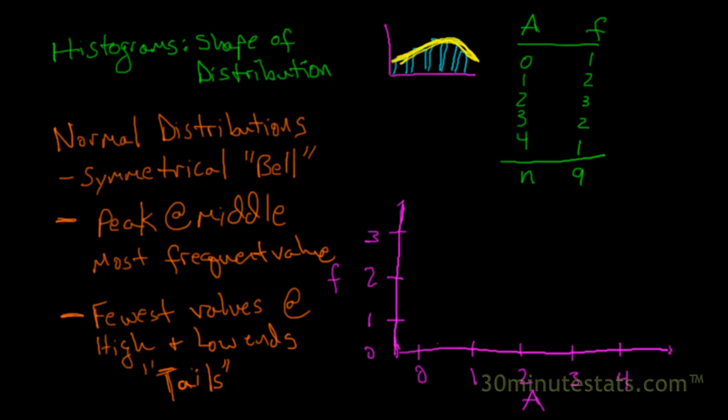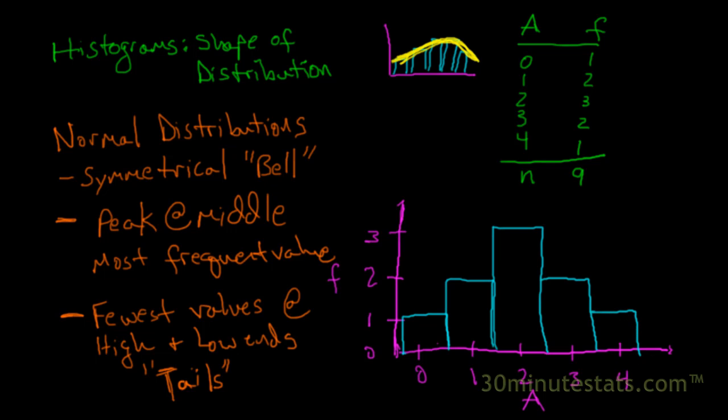Now we can draw our frequency distribution here. There was 1 zero. There were 2 ones. There were 3 twos. There were 2 threes. And there's 1 four.